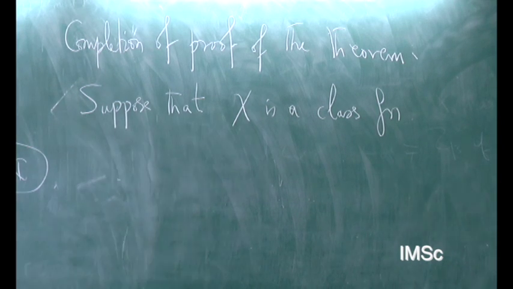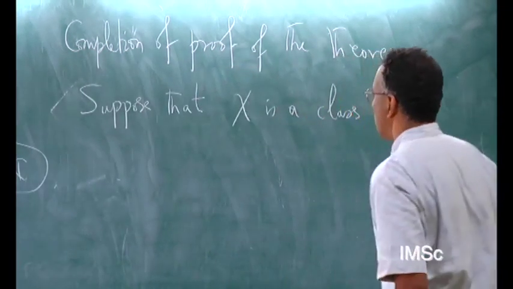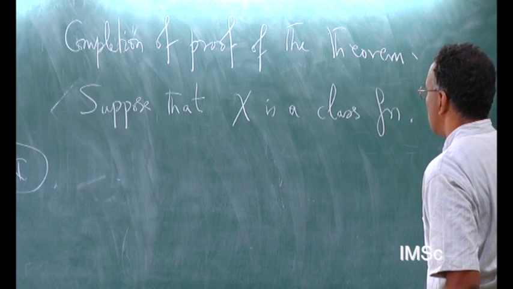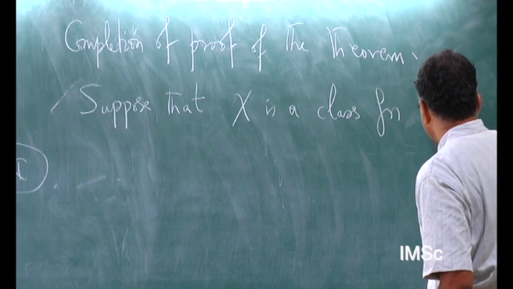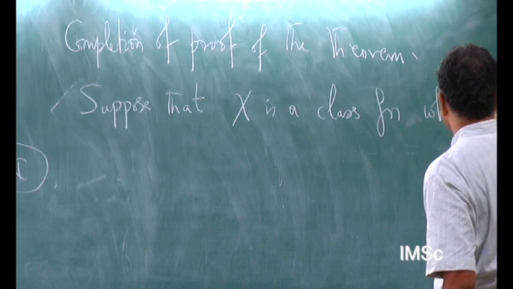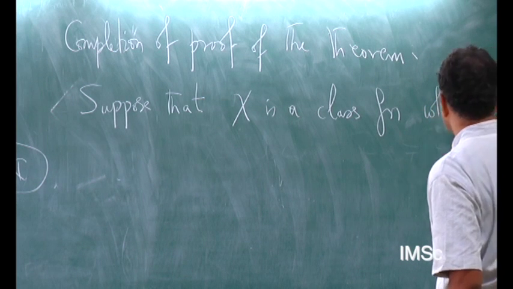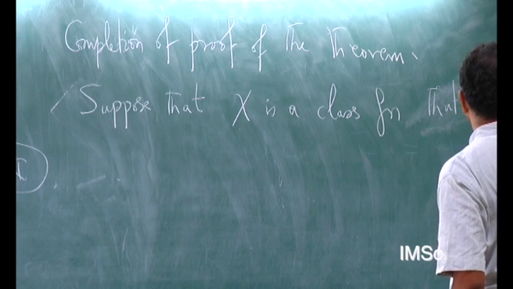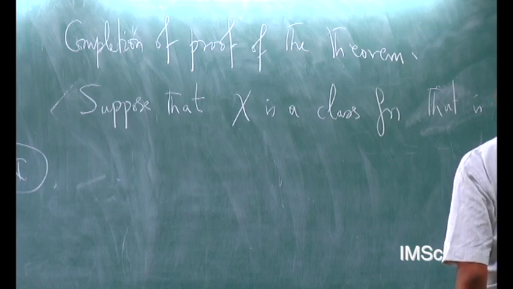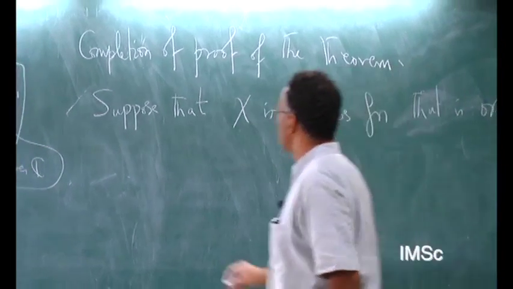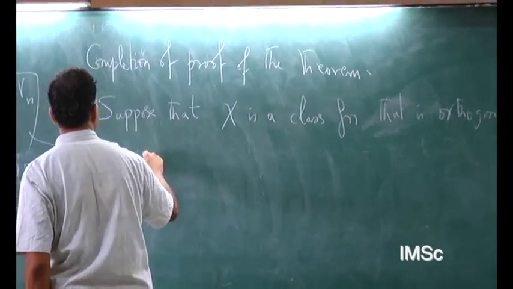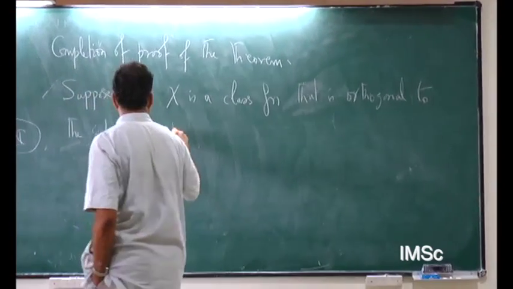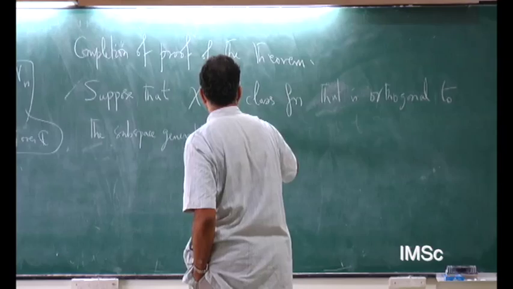So let's assume that... enough to show, so... which is a class function that is orthogonal to the subspace generated by the characters.